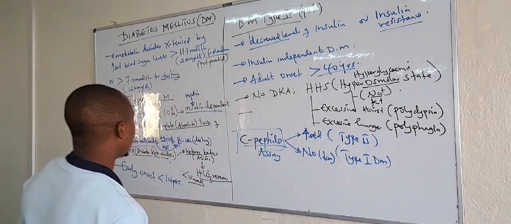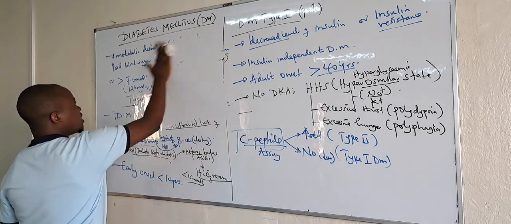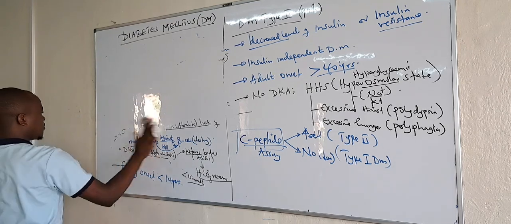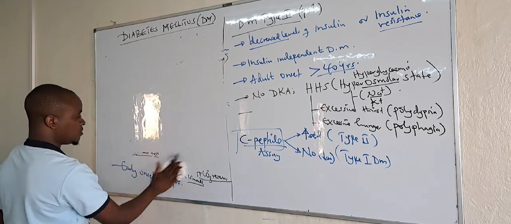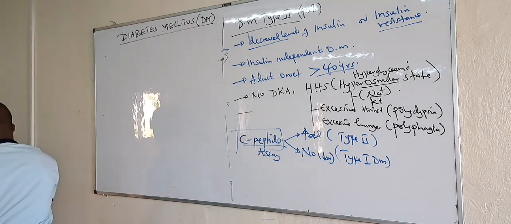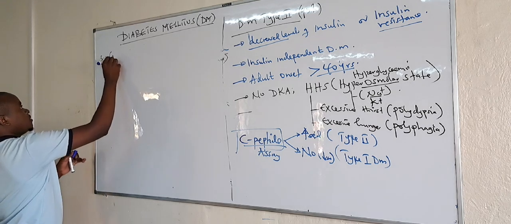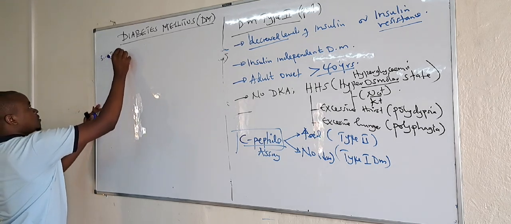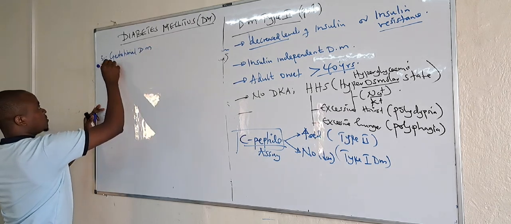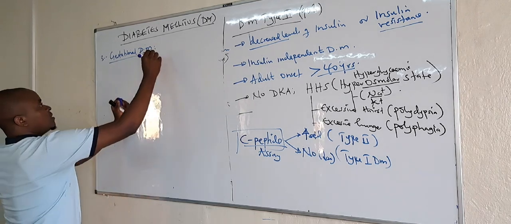Then we saw another important type, gestational diabetes mellitus, which is number 3. This one only occurs in pregnancy.